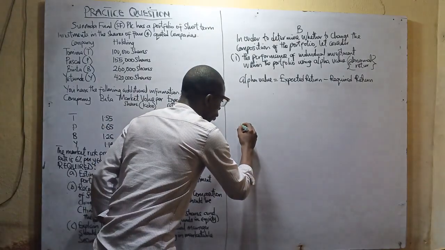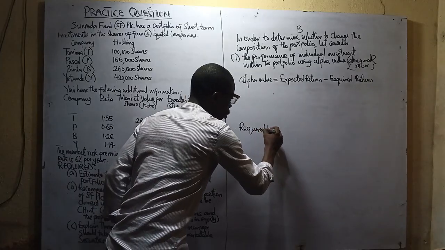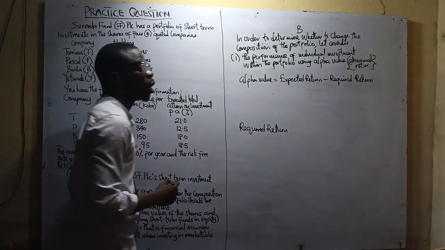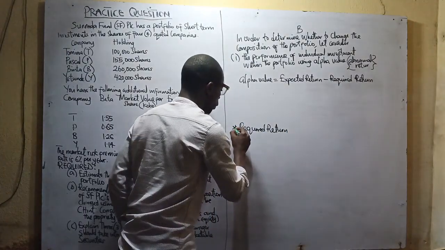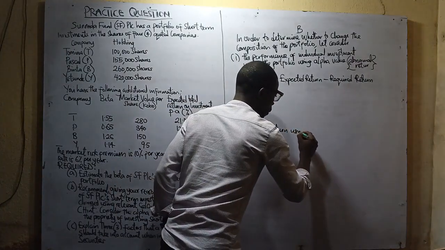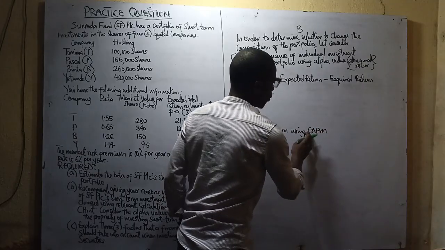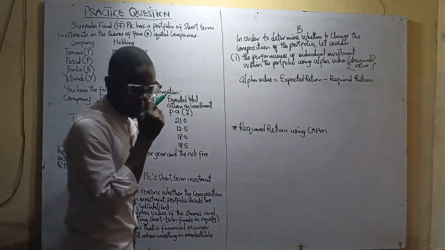So required return can be calculated using the capital asset pricing model. So what's the formula for calculating our required return?